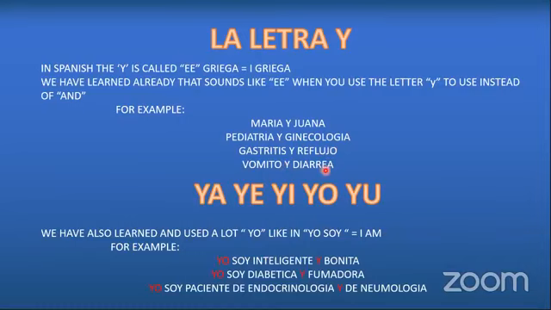We have also learned in our lessons, and used a lot, yo. We have had two or three sessions with the use of yo, like yo soy, which means I am. For example, yo soy inteligente y bonita. I am smart and pretty. Yo soy diabética y fumadora.